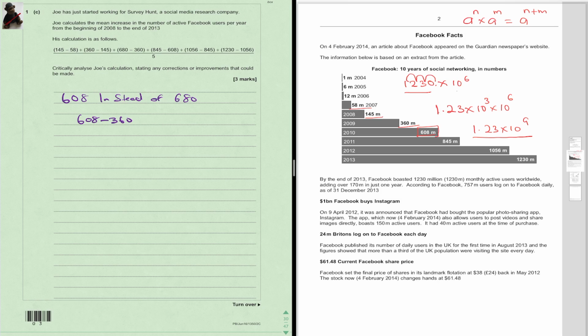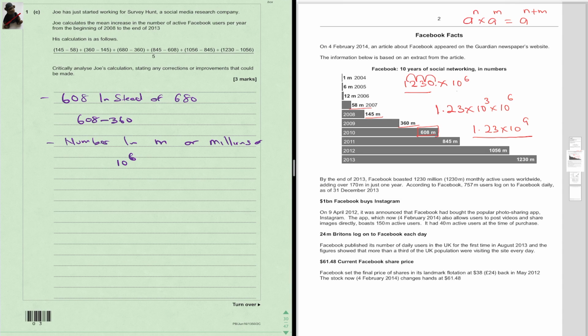It should have stated the numbers in M or millions. So it should have stated the number in M or millions, or 10 to the power 6.